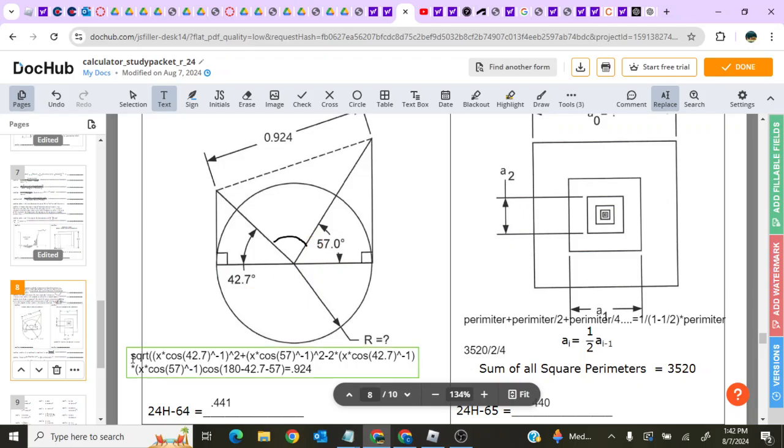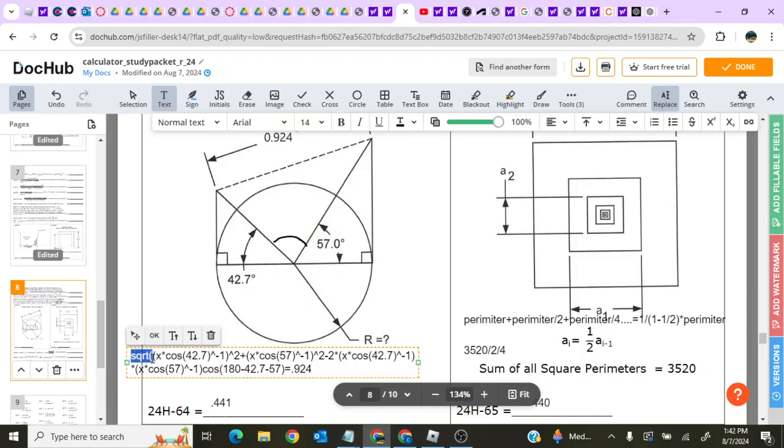Equation for law of cosines: square root of one side squared, which is going to be x, your unknown radius, times cosine of 42.7 to the power of negative 1, because you need to go from adjacent to hypotenuse.